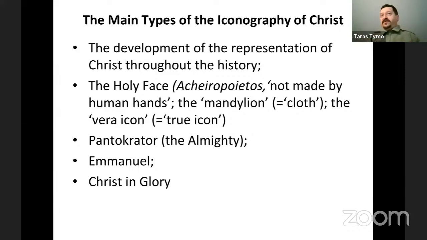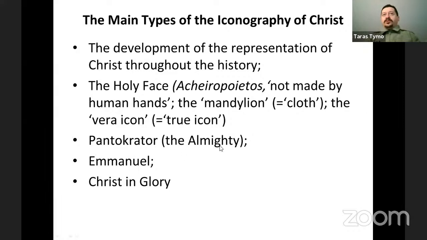Or sometimes it's referred to as mandylion or cloth image, or the vera icon in Latin, true icon, because it's the faithful rendering of the face of Jesus, at least according to the tradition.